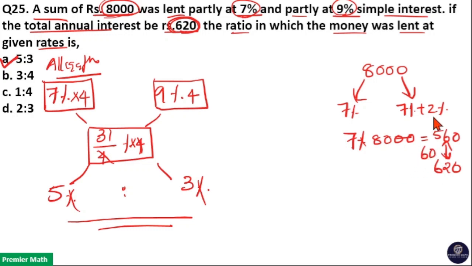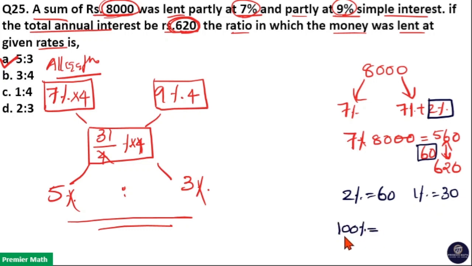This 60 is received from this 2%. This 2% is the extra 60 rupees. So if 2% is 60, 1% is 30. That means 100% is the sum, that is, 100% is equal to 30 into 100, that is 3,000.